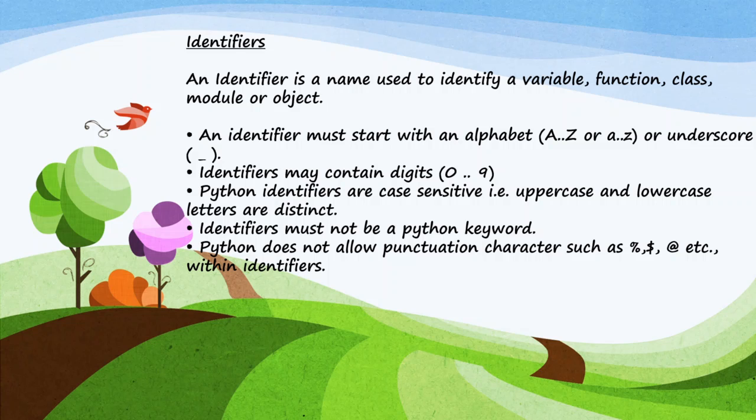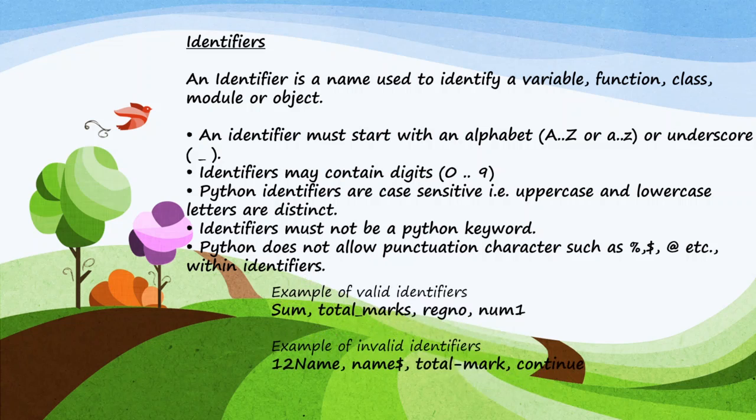Let us see an example for valid identifiers: sum, total_marks, register_number, number1. Those are valid identifiers. Let us see some examples for invalid identifiers: 12name, name$, total-mark, continue.